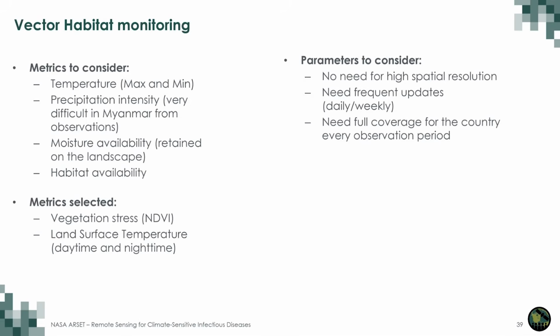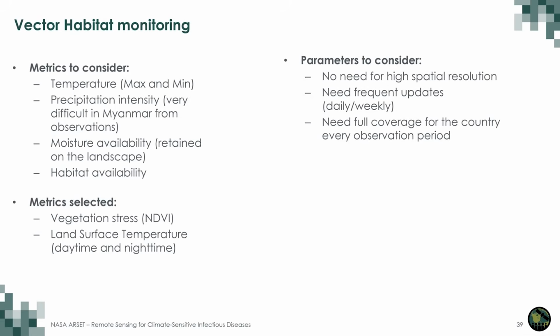Land surface temperature at 500 meters or 1 kilometer observations is perfectly sufficient. And vegetation stress, without human interference, does not vary at 30-meter resolution. It really varies on much coarser resolution.